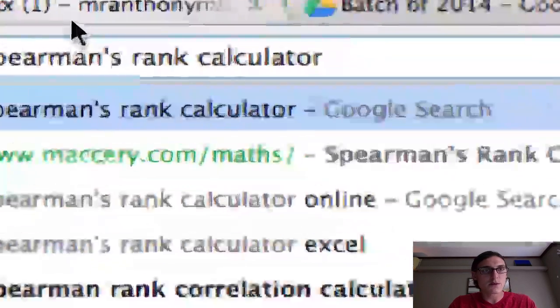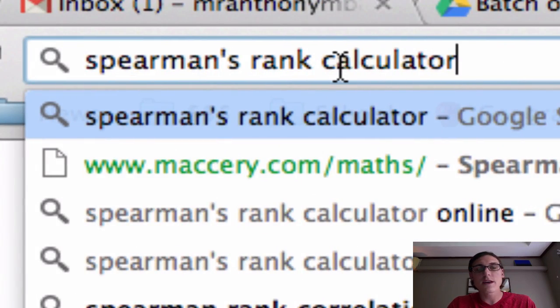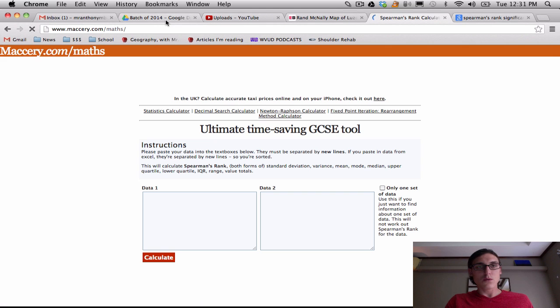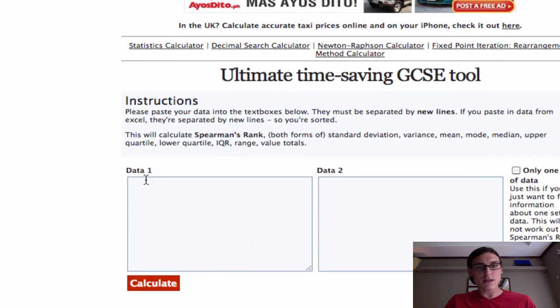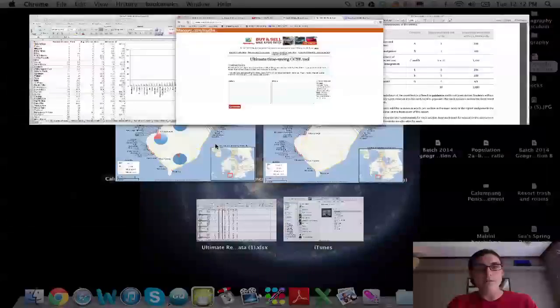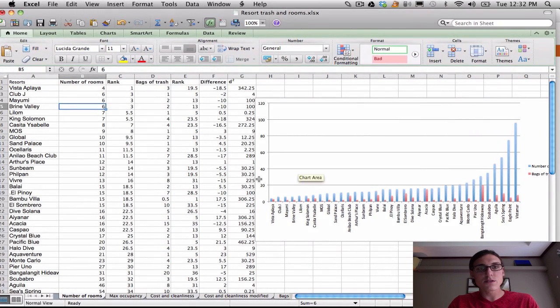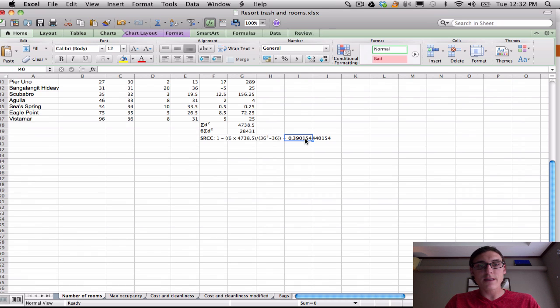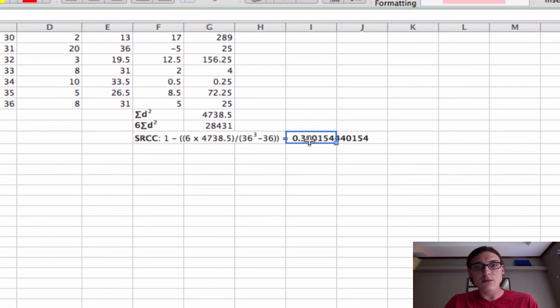Okay, so that's Spearman's rank calculator, and the first one that comes up, the first hit that you get, will be a very good calculator in which you put one set of data in on the left side, one set of data in on the right side, hit calculate, and it will provide you the actual numbers, and you won't have to do the counting yourself, which is super nice because we made a lot of mistakes even in class trying to count our numbers, okay? As it punches it out, okay, you'll find that Spearman's rank correlation coefficient, SRCC, the number that you're going to want to look at is this number right here, okay?